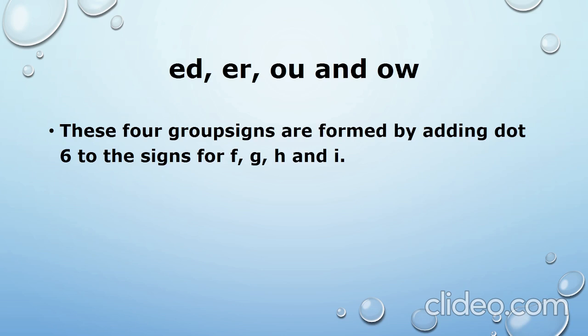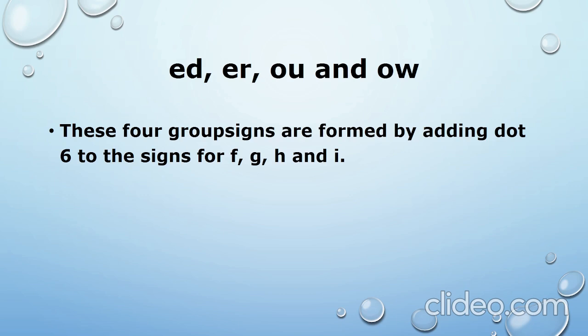Essentially, these 4 contractions are a continuation of the strong contractions with H, but this time these contractions can be formed by adding dot 6 to the succeeding 4 letters after letter E. If you recall, the contractions for CH, GH, SH, TH, and WH are derived from letters A, B, C, D, and E added with dot 6.